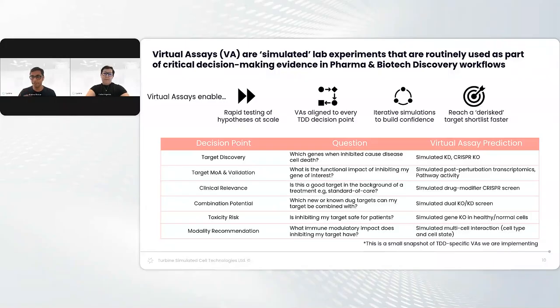And of course, it's iterative. The more times you run the loop, the more confident you get, and the more confident you get, the more focused your downstream investment within validation will be. And at the end of the day, what we want to help you achieve is to reach a de-risked target shortlist much faster than what you're currently able to do, and we would like you to do that with a virtual assay platform.